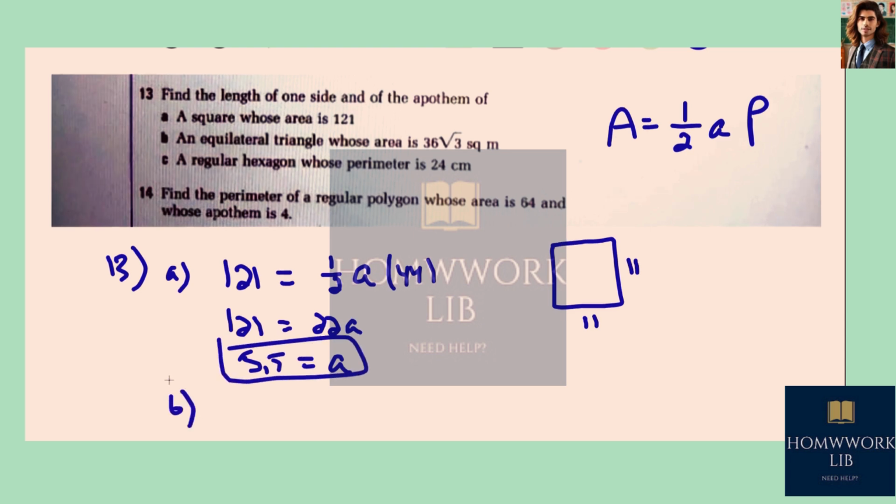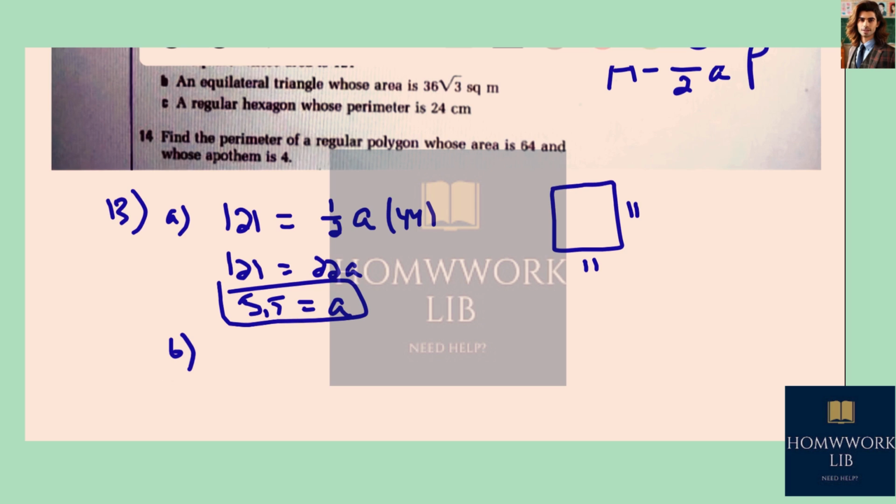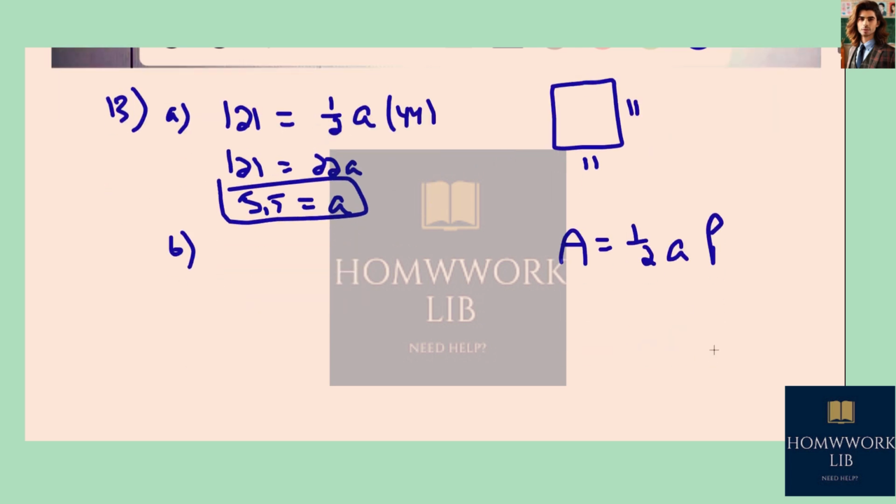For B, an equilateral triangle whose area is 36 square root 3, we want to find the apothem. So if it's 36 square root 3 for the area, and this is an equilateral triangle, well, let's see here.